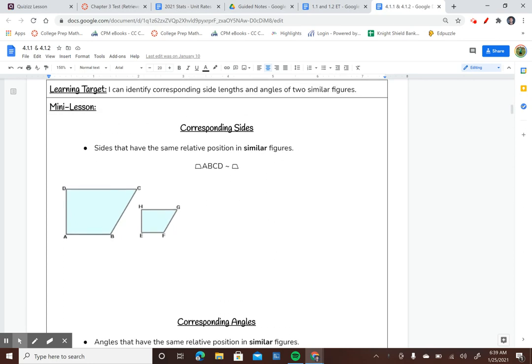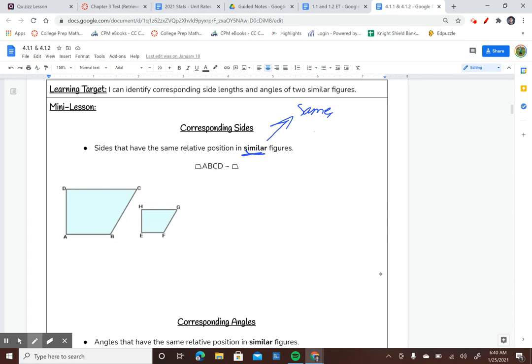So here's our mini lesson. First, we're going to identify corresponding sides and similar figures. Now let's take a look at that keyword, similar. Similar is saying that these shapes are the same, but one shape is going to be smaller than the other.